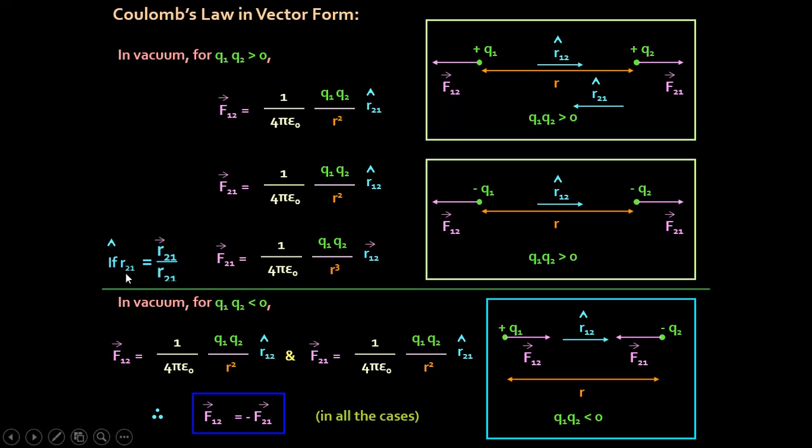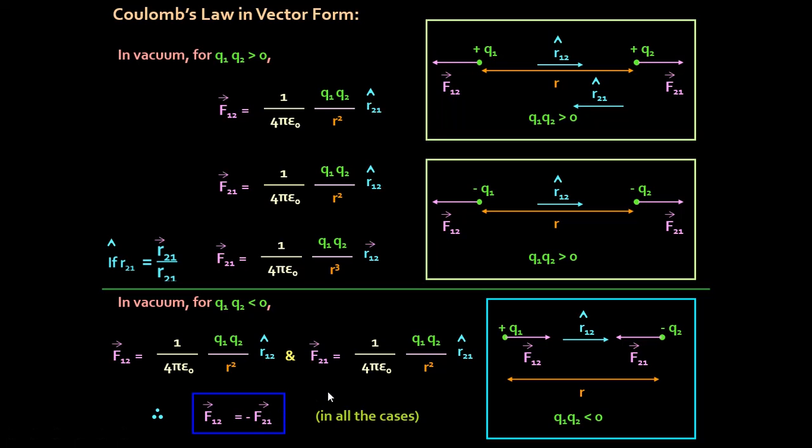You can write it for R12 also: R12 cap equal to R12 vector divided by R12. In the same way, if you express F12 and F21, you will come to know that R12 and R21 are both opposite. Hence, one must be negative, another must be positive. In that case, F12 equals minus F21. This is according to Newton's third law.